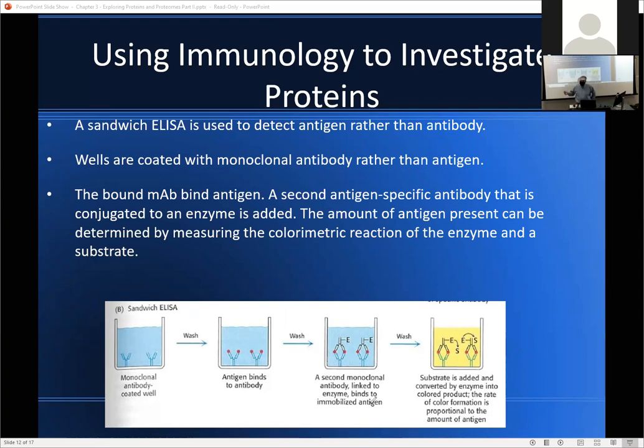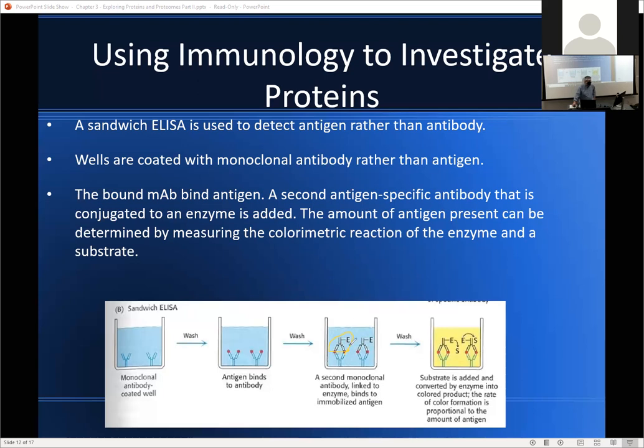Next comes the sandwich part of the sandwich ELISA. The sandwich part, again, is a secondary antibody. The secondary antibody also recognizes the protein, a different epitope on the protein so that it can get to it. So in this case, the secondary antibody would also be a monoclonal.